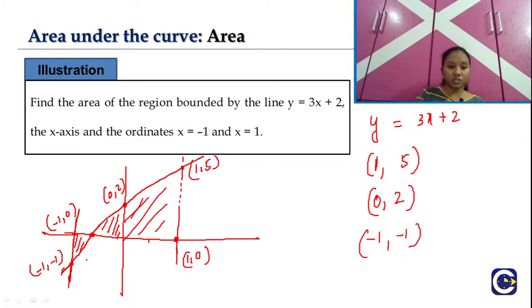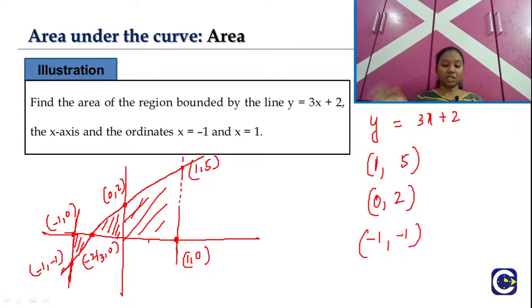So this point will be -2/3 comma 0. Yes or no? So you know this point, this point, and this point, and everything you know. So you can apply the triangle part. You can take this as a triangle and find half into base into height. And you know this other triangle too, and you can find half into base into height.